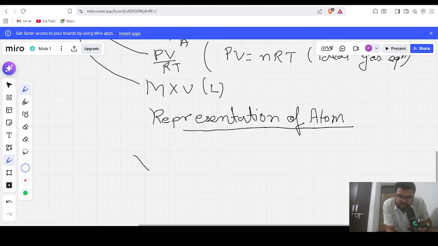Let's say this is the atom X, this is A, this is Z. So this is our atom. A is atomic number, Z is atomic mass. Sorry, I have told it in reverse. Z is atomic number, A is atomic mass.